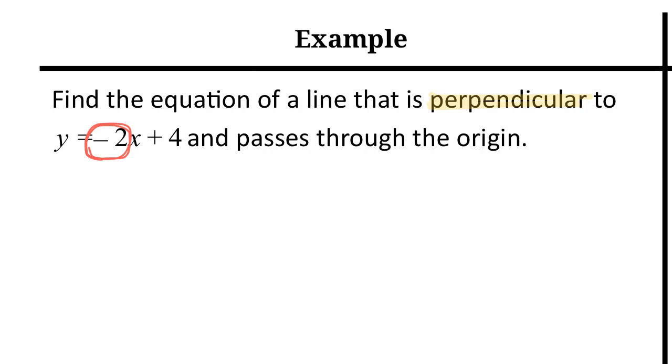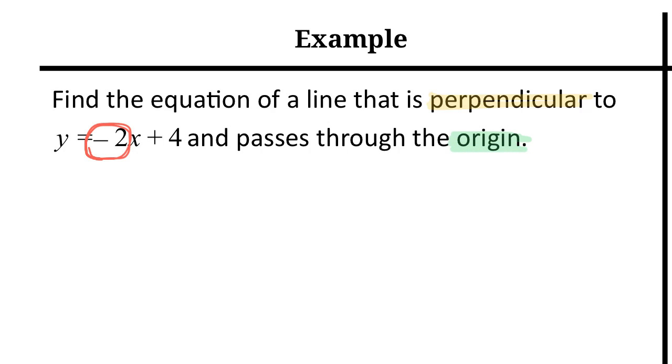So if they're asking me to come up with the equation of a brand new line that happens to be perpendicular to the given line, I know that I need to find the negative reciprocal of -2.